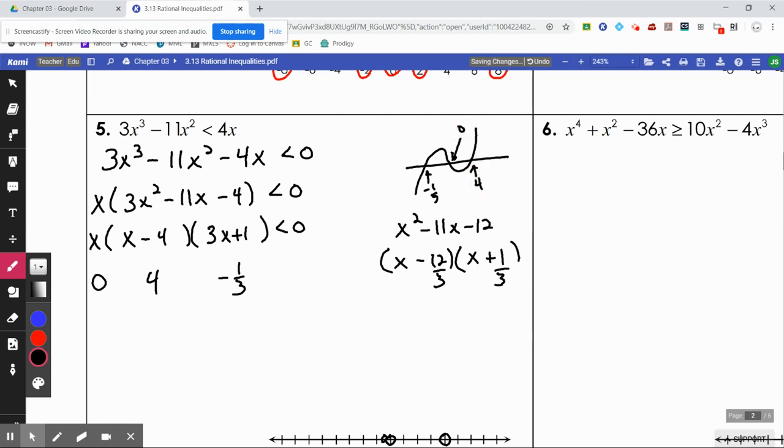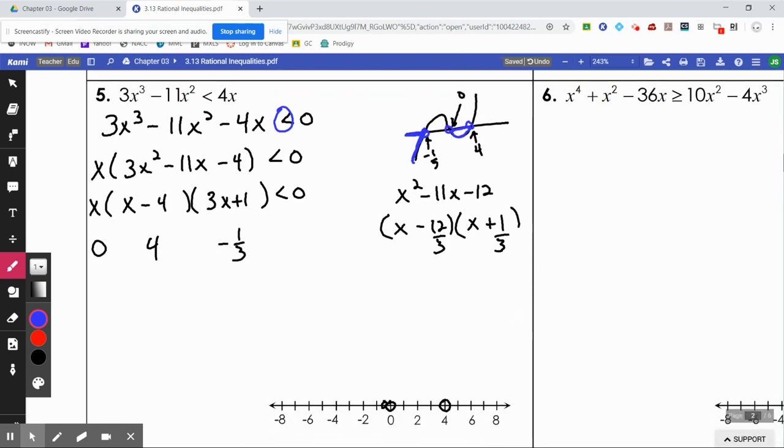So where is your graph less than 0? That simply means where is your graph below the x-axis? It's below it from here to here, open circle, and it's also below it from here to here. So it's below the x-axis without even testing.